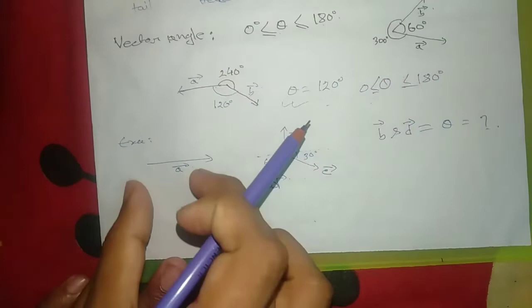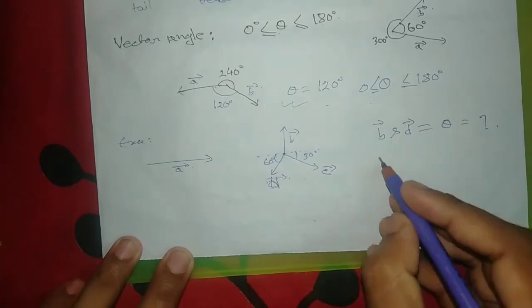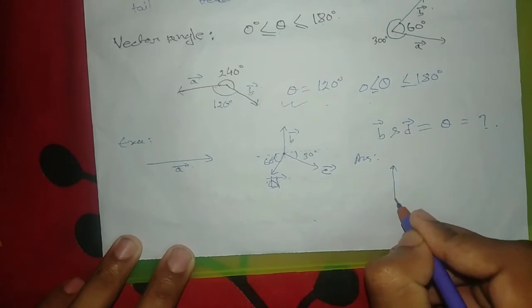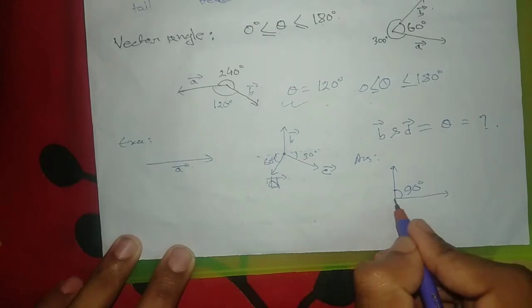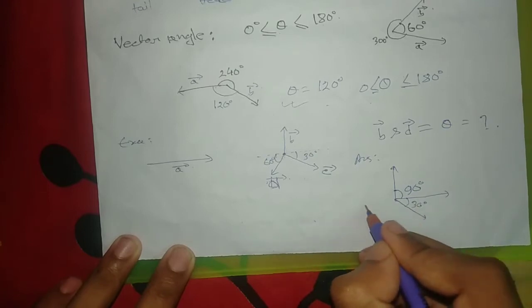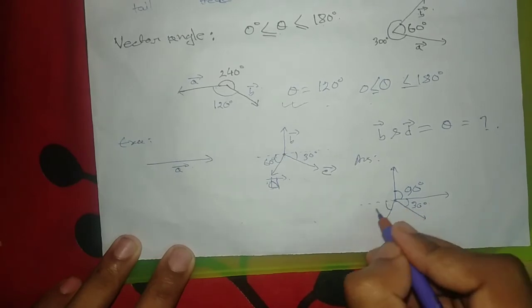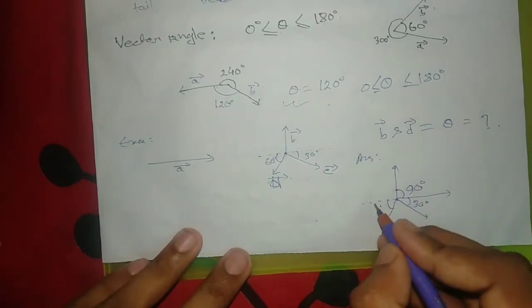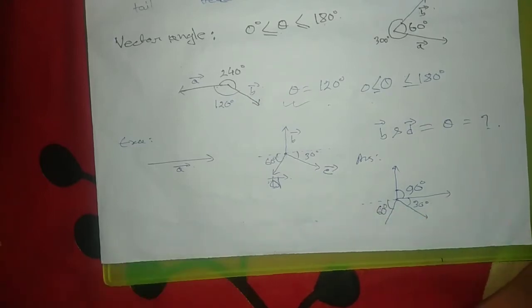So here take it and put here, that means this is 90 degrees, given this is 30 degrees and it is 60 degrees.